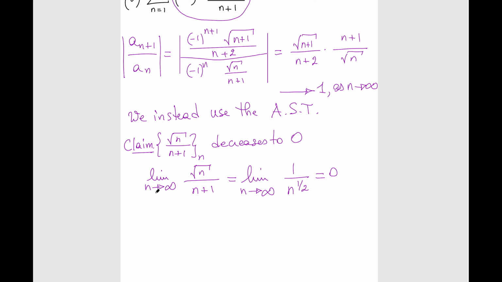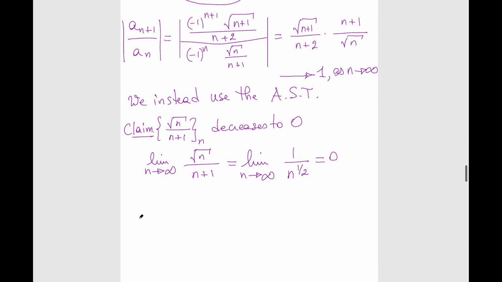How about the decreasing? So how about we consider the function f(x) to be square root of x divided by x+1 on [1, infinity), and I leave it as an exercise that f is a decreasing function on [1, infinity).